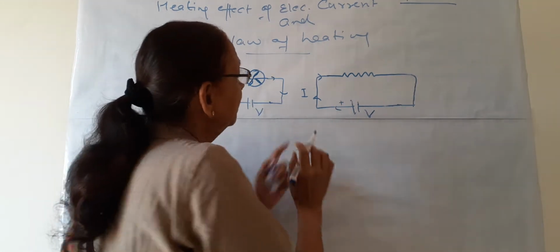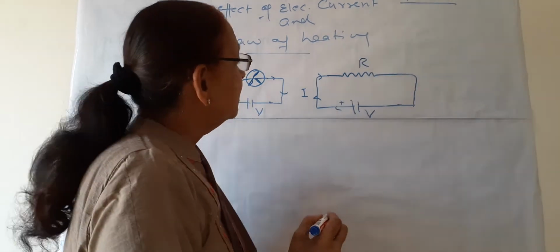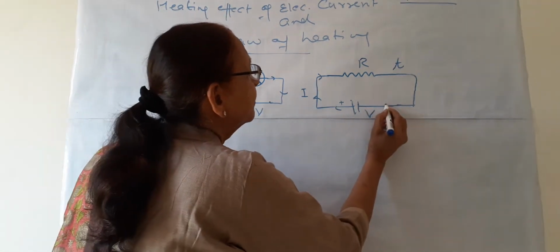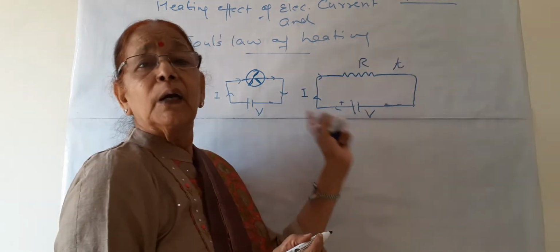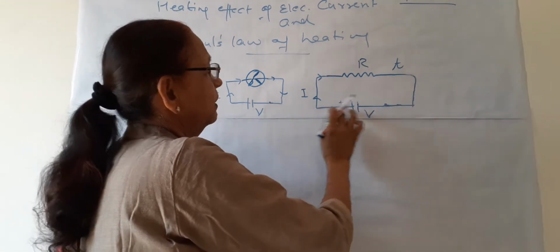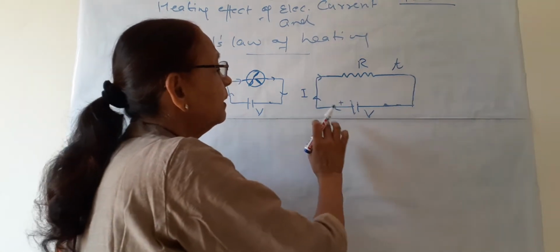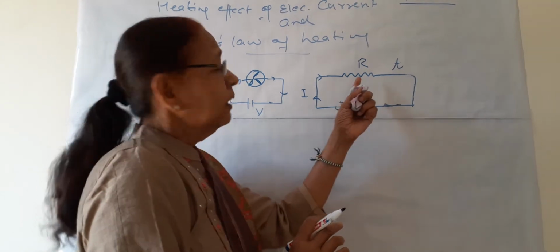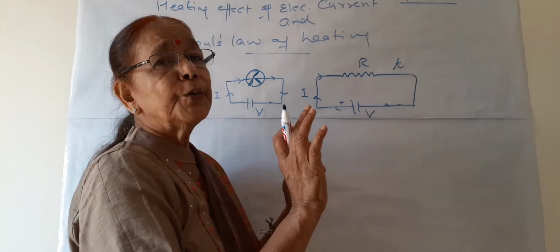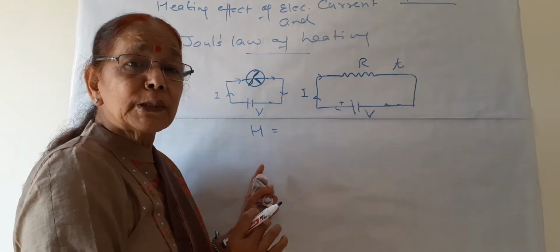Suppose the PD of the battery is V, the current flowing is I, the resistance of the resistor is R, and the time for which current is going in this circuit is T, and suppose this current produces heat H. H heat is produced in this circuit if current I travels through resistor R for time T. Then there is an equation known as Joule's law of heating.